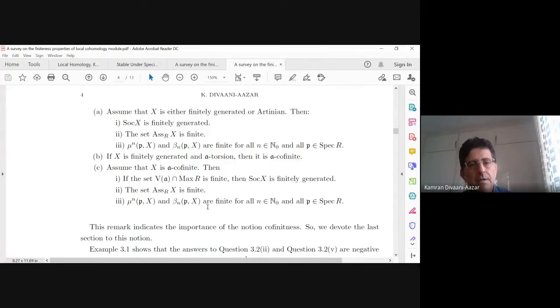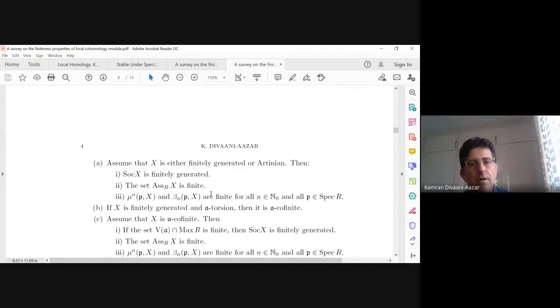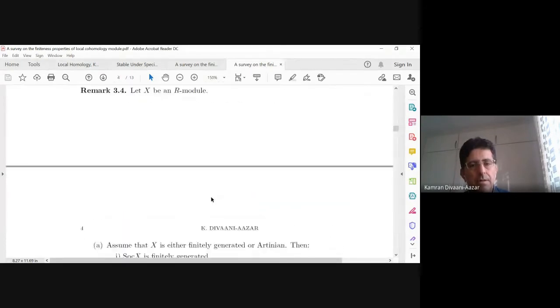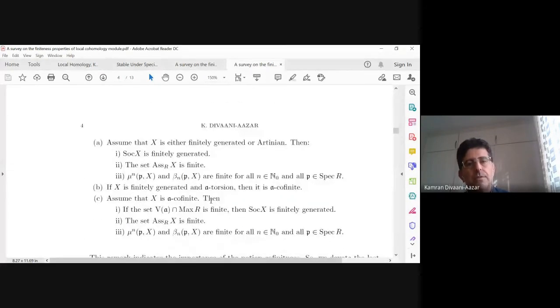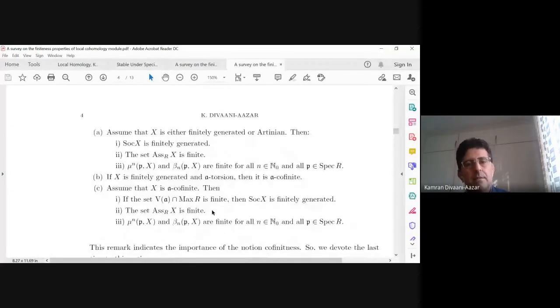From this remark, one can see why cofinite modules are so important. Cofinite modules form a class much bigger than the class of finitely generated modules and Artinian modules, and yet they enjoy the good properties of finitely generated modules and Artinian modules.